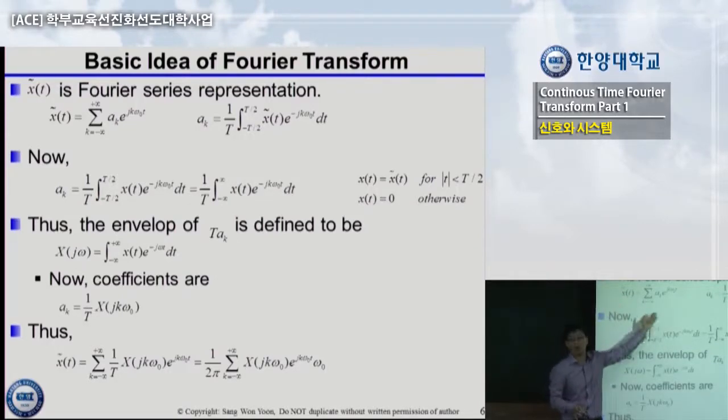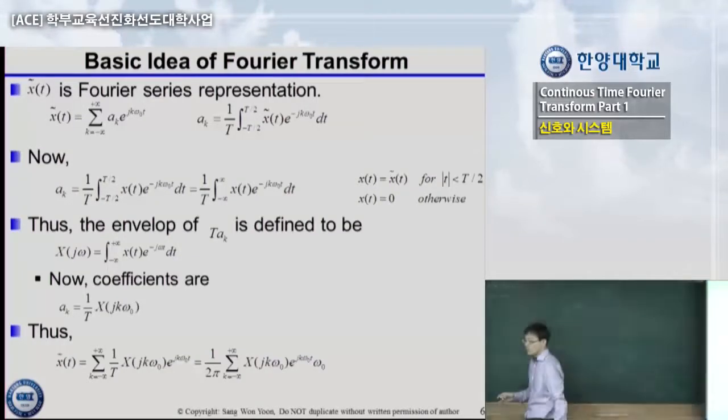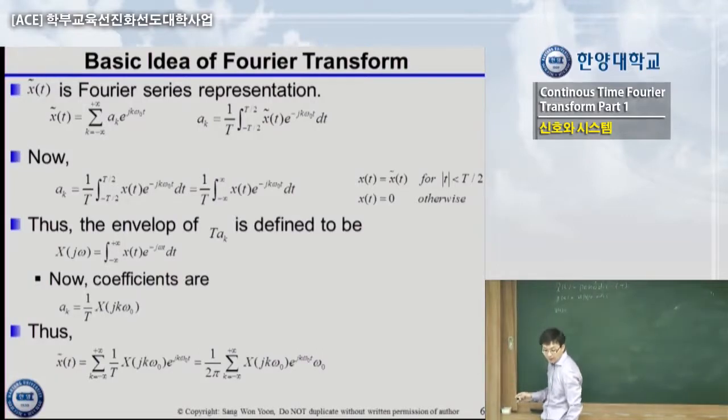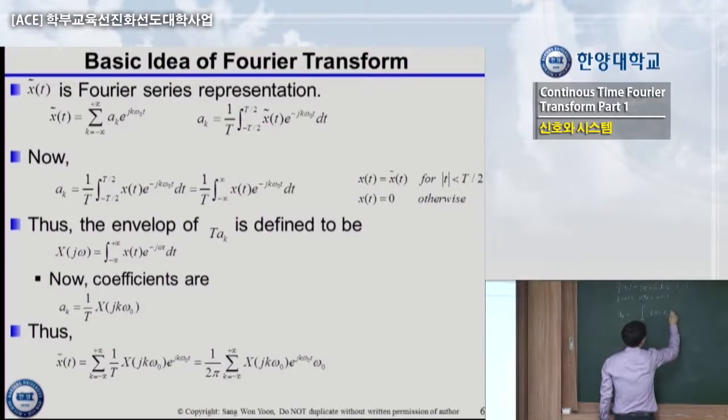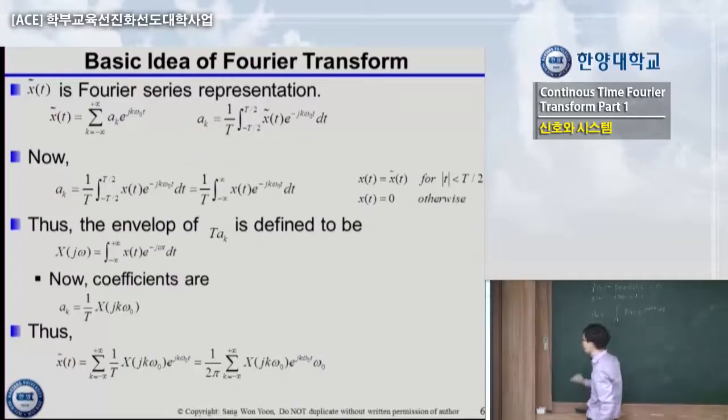The first one we already learned in chapter 3. Now let's have a look at a_k. a_k is the periodic coefficient, which is given as the integral over a period of x tilde(t) exponential minus j omega 0 k t dt.